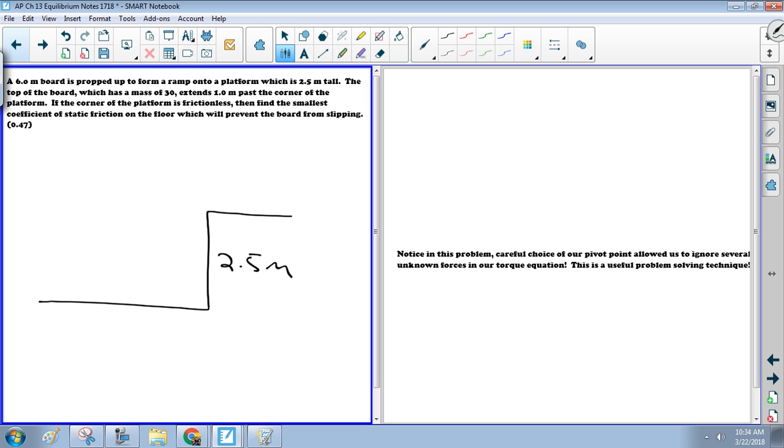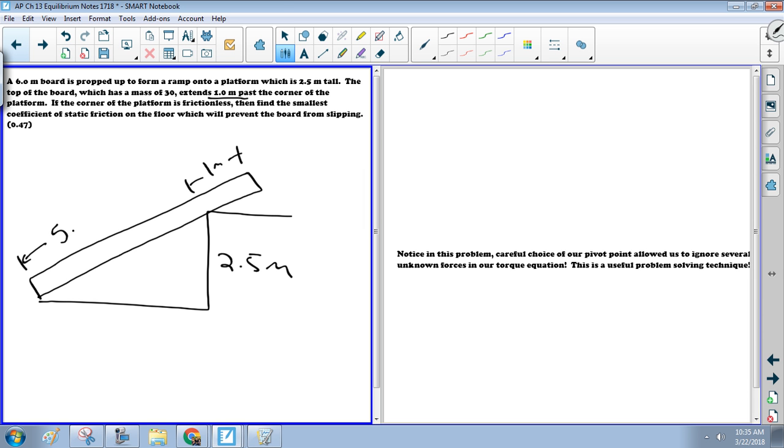We've got a board that's 5 meters long, but I'm sorry, 6 meters long, but it extends 1 meter past the corner. So like that. So this is 1 meter, and that would mean then that this is 5 meters. Follow?